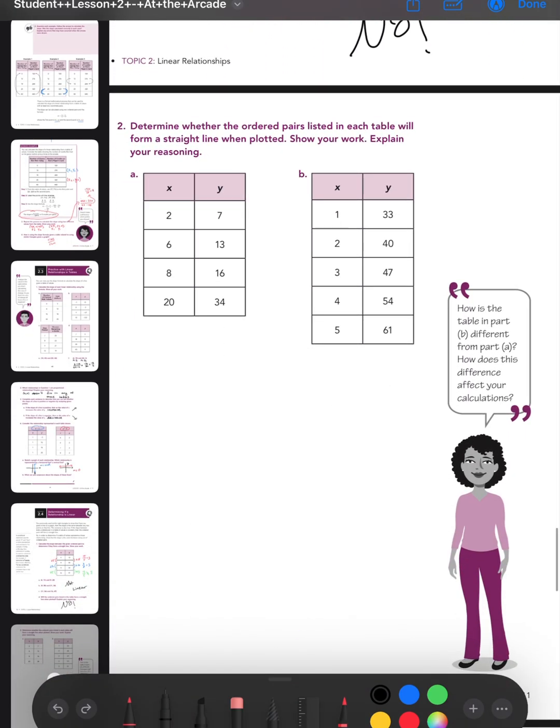You're going to see here on A, our change here, 7 to 13 is up 6, 2 to 6 is up 4, and 6 divided by 4 equals 3 over 2. So then we try the next row. I'll do this one in red. 13 to 16 is up 3, 6 to 8 is up 2. Okay, that works perfect, 3 over 2. That matches this one.